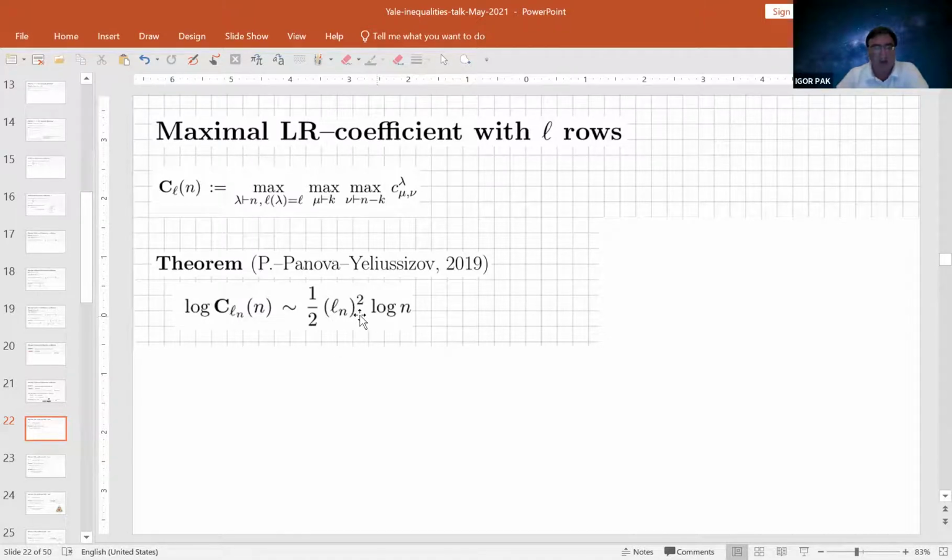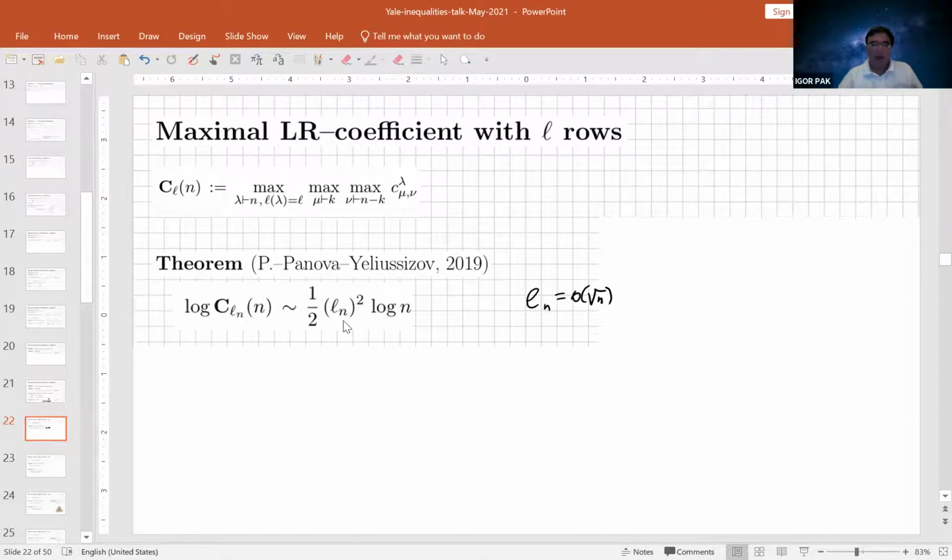So basically, the asymptotics is going to grow like square root of the number of rows times log n. I put the subscript L sub n just to indicate that L_n, the number of rows, can also grow with n. So it should be little o of square root of n.